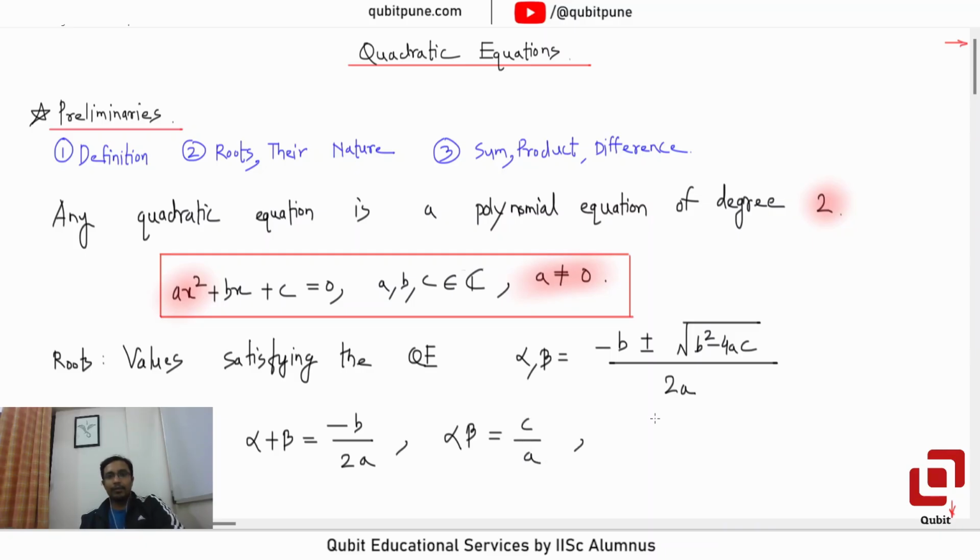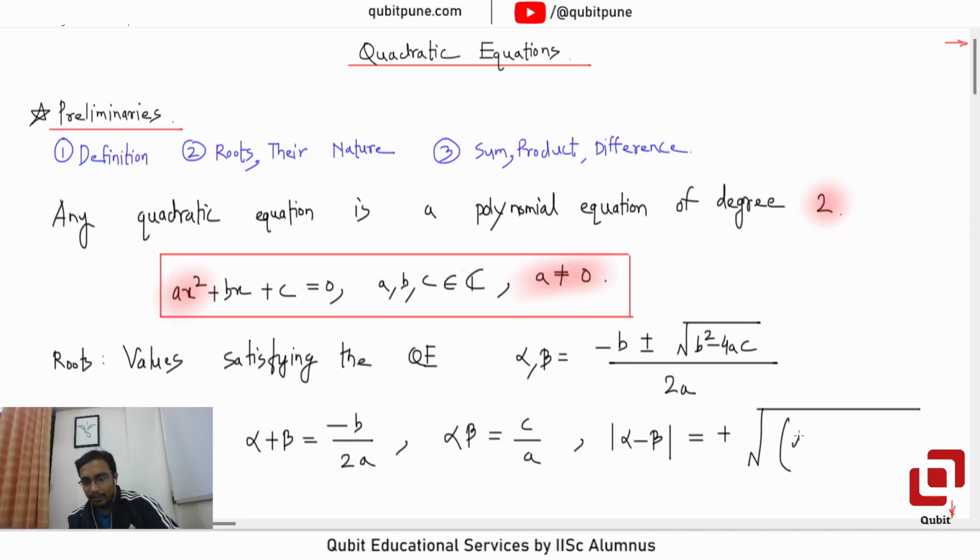Okay, we can also come up with the difference formula, mod of alpha minus beta, because we do not know a priori which one of them will be greater. Mod of alpha minus beta will be positive root of, which identity are we going to use? a minus b bracket squared is a plus b bracket squared minus 4ab.